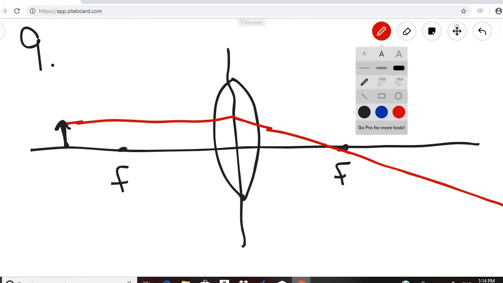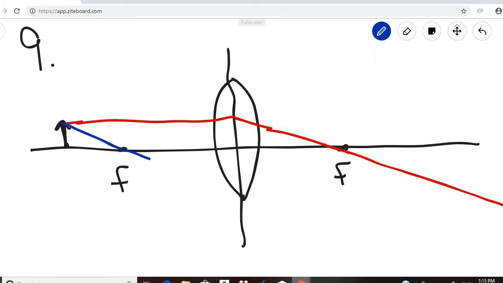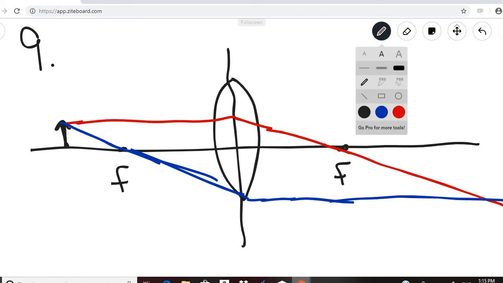And secondly, it will go in through the focal point, right there at the tip of the lens, and it will go out horizontally. That's better. So then we can see that those two lines intersect right here.